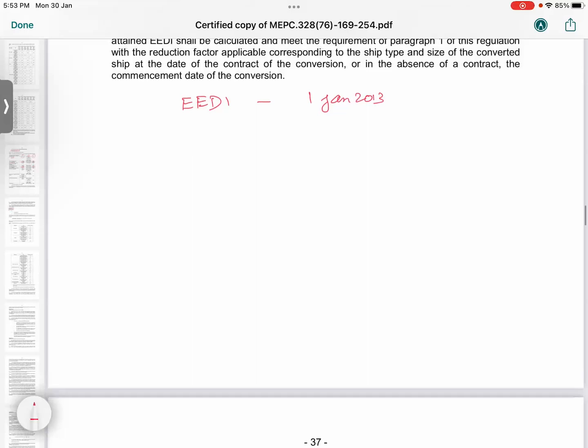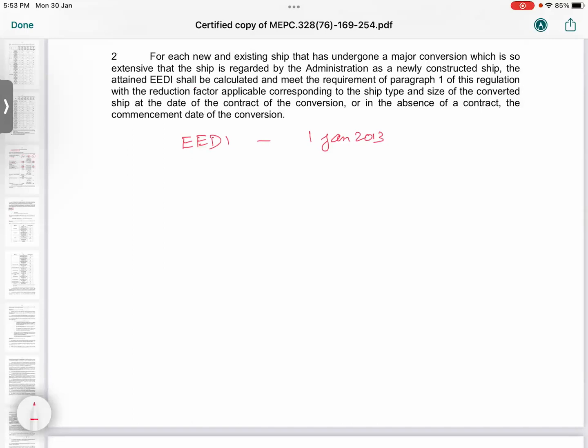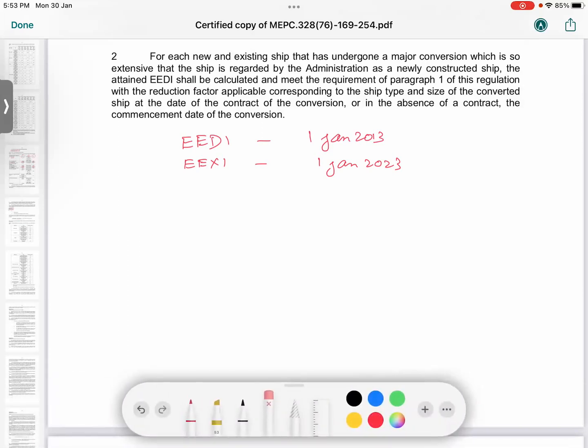EEDI, not EXI. EXI came into picture on 1st January 2023, this month. I am talking about entry into force, guys. As of now, let's forget EXI for a moment and first focus on EEDI.